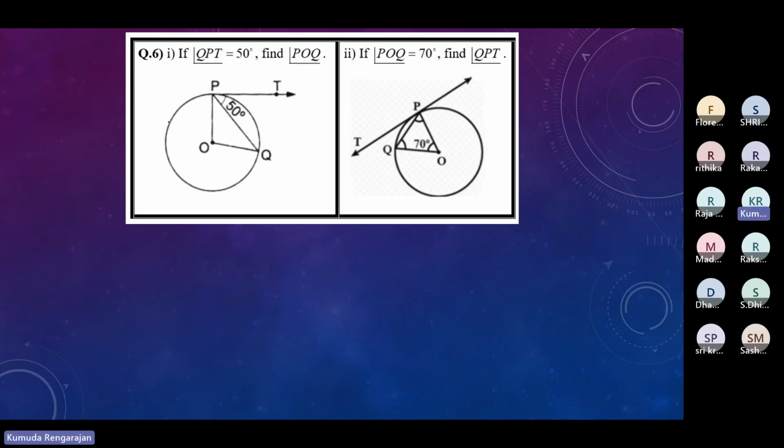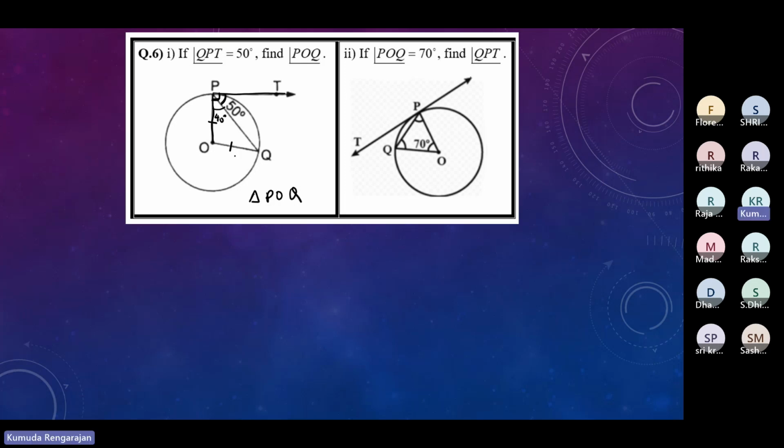So class, OP is a radius, PT is a tangent, 90 degrees. This is 50, so this portion is 40 degrees. Triangle POQ is isosceles because OP is equal to OQ, radii of the same circle.